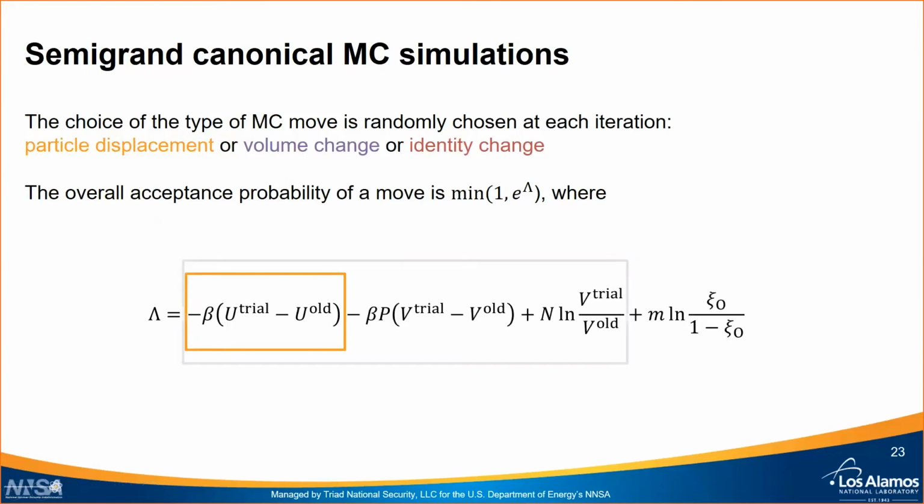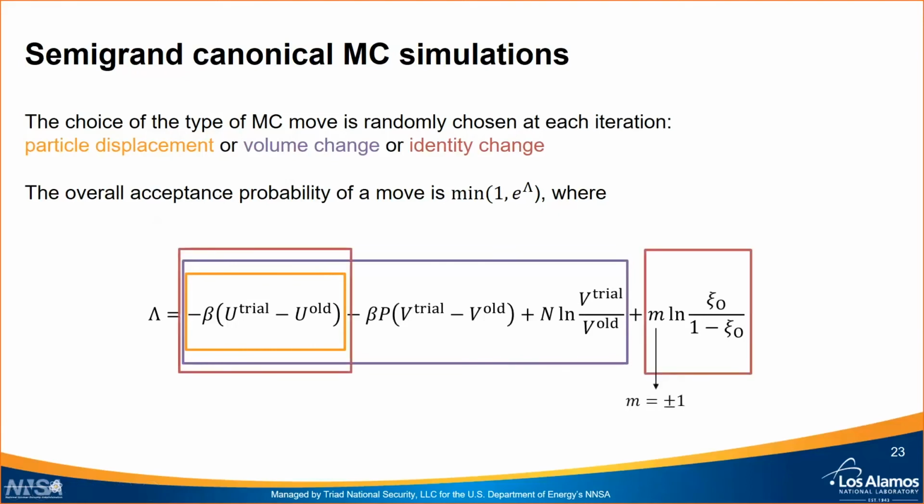If we do a volume change, then we need to include those other terms to make sure that we reach the targeted pressure. For a volume change, if we only look at the energy, the system will always want to expand and expand and expand, because this is what will minimize its energy. But those terms are here to counteract this tendency.